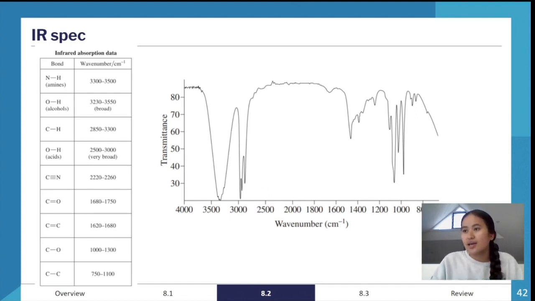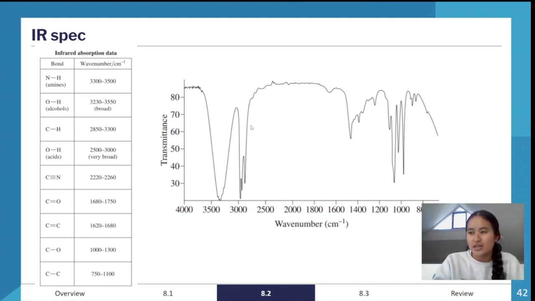So if we look at this IR spec here, we have that broad peak. And this looks like it's an alcohol. It goes from 3230 to 3550, it sits in that range and it's pretty broad, so I'd say that that's an alcohol.